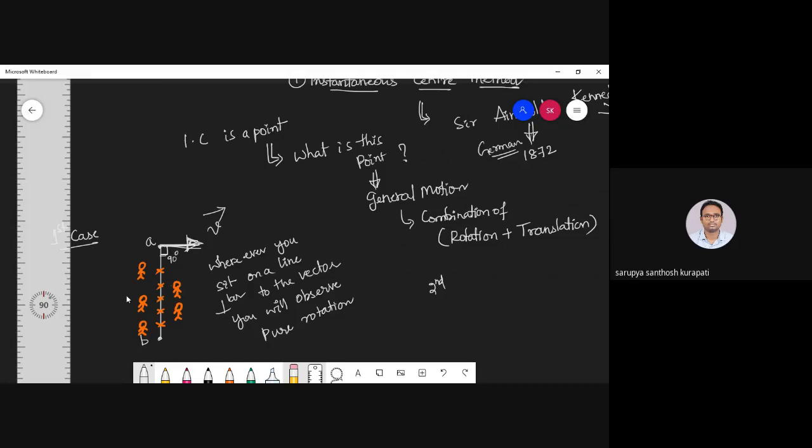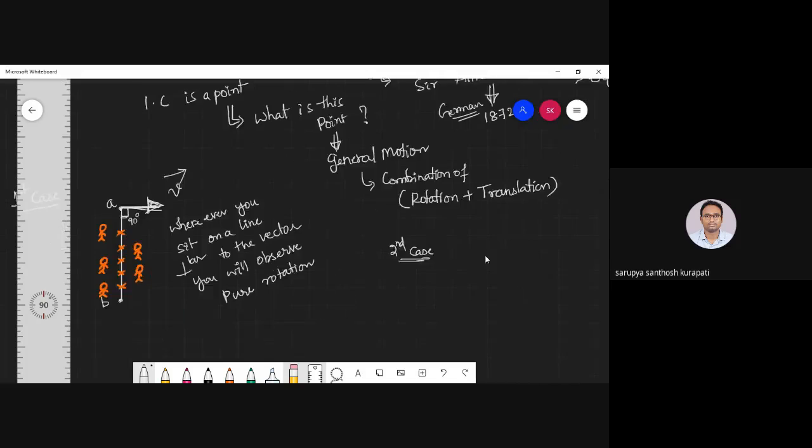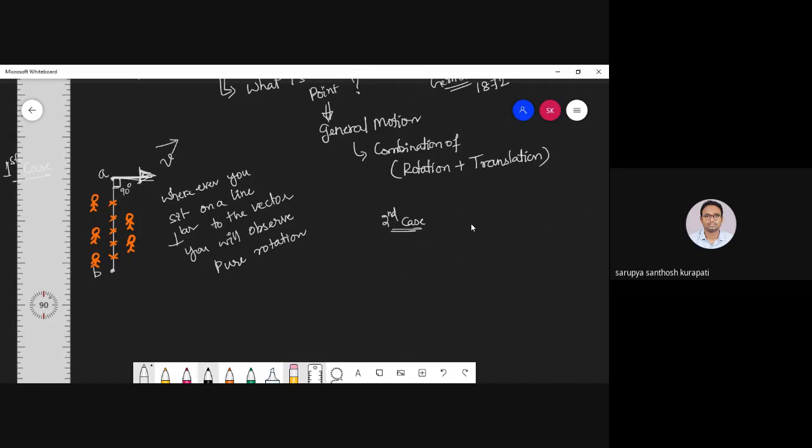The second case. In the second case, suppose a body is rotating with respect to some center of rotation. For example, this is the origin or point O and this particular link.